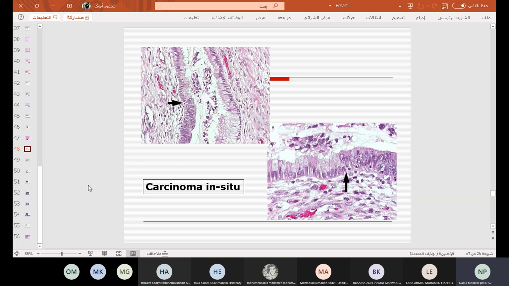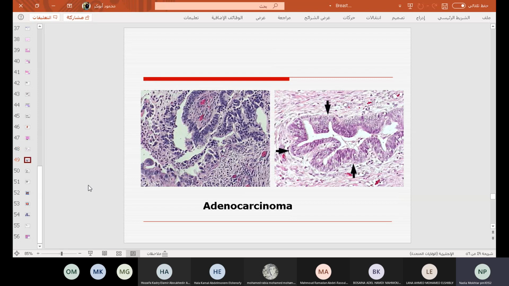This is adenocarcinoma in situ. Next. And then it breaks the basement membrane and invades the surrounding stroma, forming irregular malignant glands. Frankly, a case of invasive adenocarcinoma. Next.